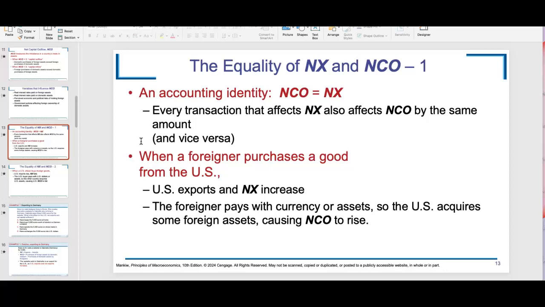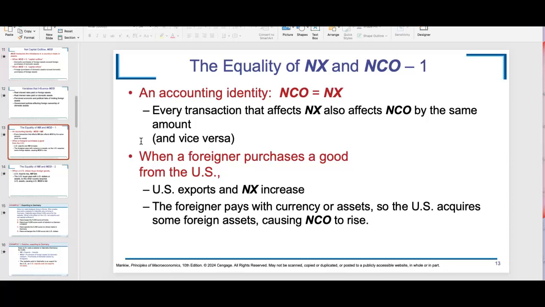The foreigners will pay for that good with assets or currency, right? So in the moment you're paying, the US is acquiring some foreign assets, which also causes the net capital outflow to rise, right? It'll go up because we are acquiring foreign assets.